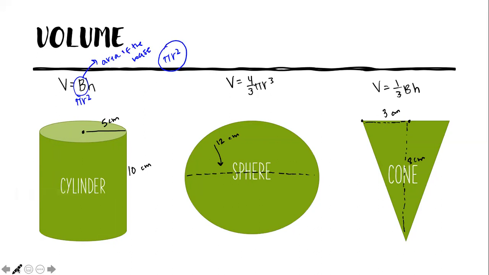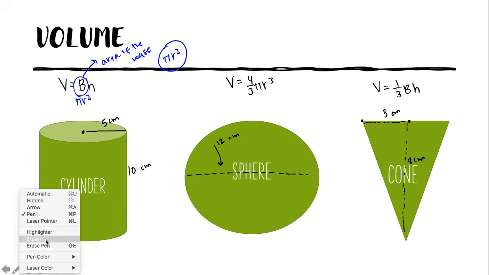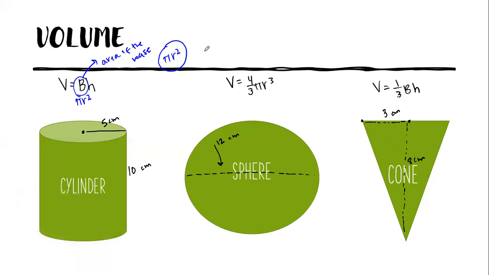I don't know how many people get this wrong because they look at the numbers 5 and 10 and just say, oh, it's 5 times 10, so 50. No. Volume equals the area of the base times the height. So volume equals pi. Well, what is the radius? 5.